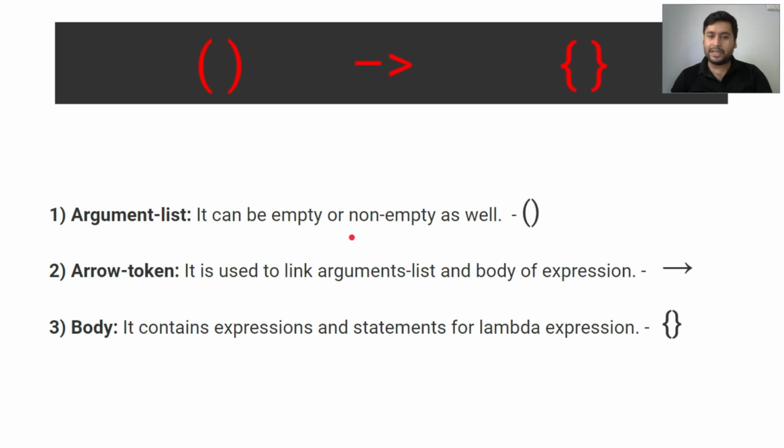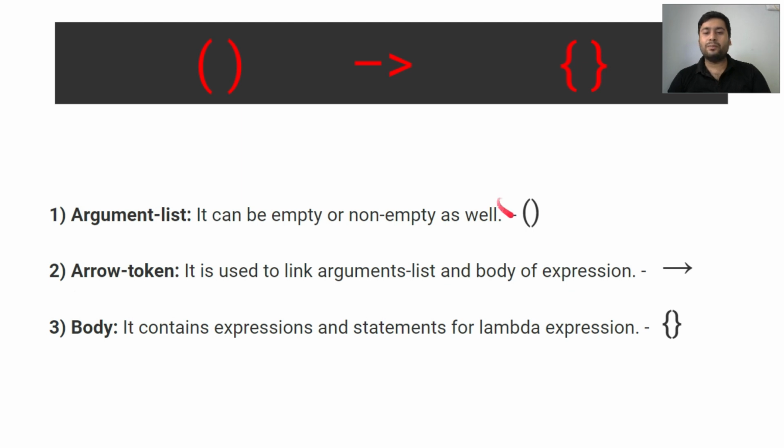It can be empty or non-empty, based on the method defined in the functional interface. Arrow token. Arrow token means this one. It is used to link the argument list and the body of the expression.